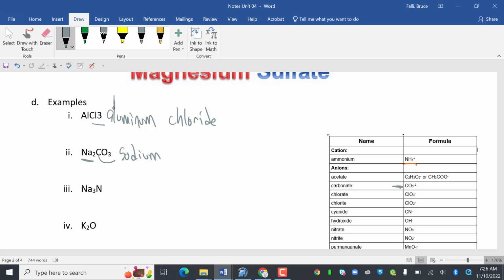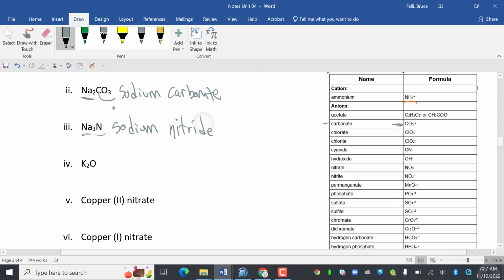With oxygens, it's going to be this guy right here, carbonate. This one has a few extras, so you only need to know the one that I gave you in class. Na is still sodium. Notice we don't change the ending of the metal, right? N is no oxygens, nitride. K is potassium. O, just one O, so just oxide.